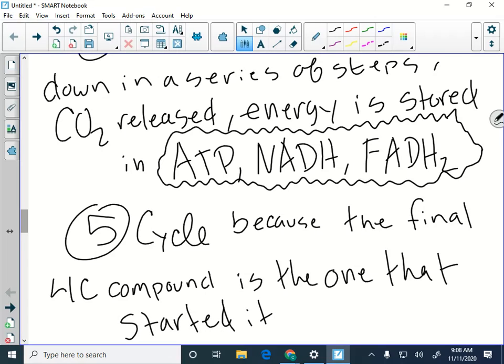So the 4-carbon compound that acetyl-CoA joined to at the very beginning is recreated at the end of this cycle.